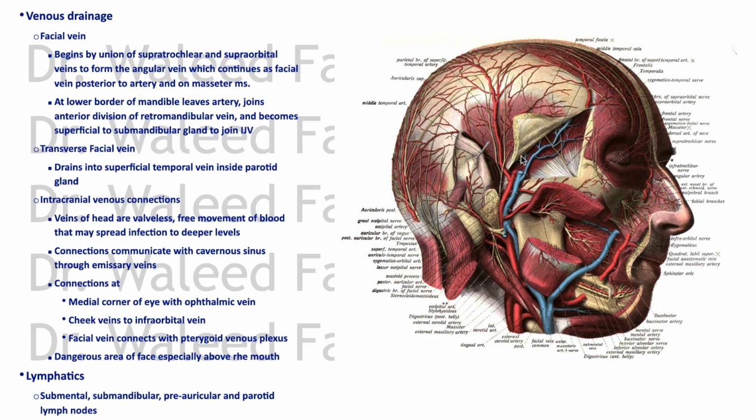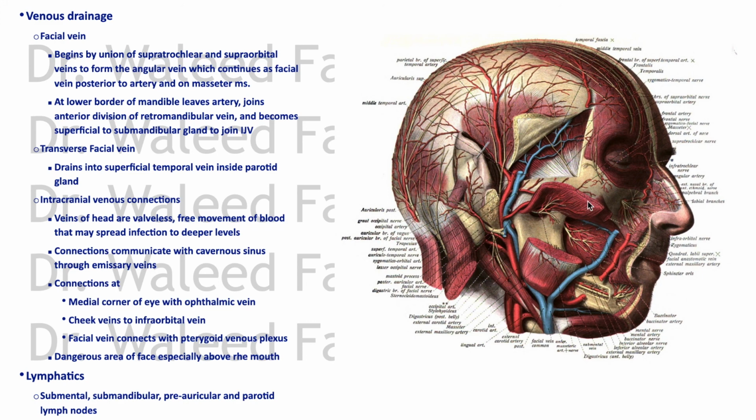And the most important thing to be mentioned about the venous drainage of the face is that there are connections with the cavernous sinus. Again, the cavernous sinus is at the side of the pituitary gland. Because infection, if it reached the cavernous sinus, it's a catastrophe.